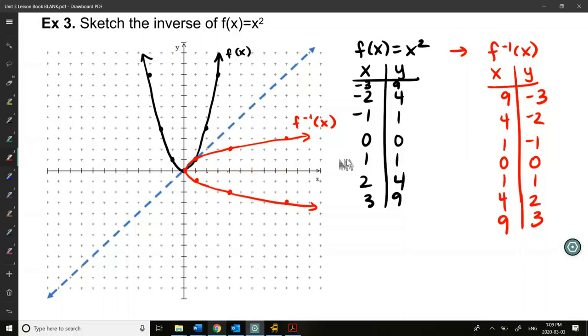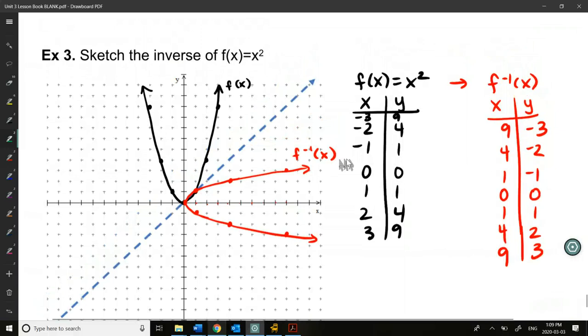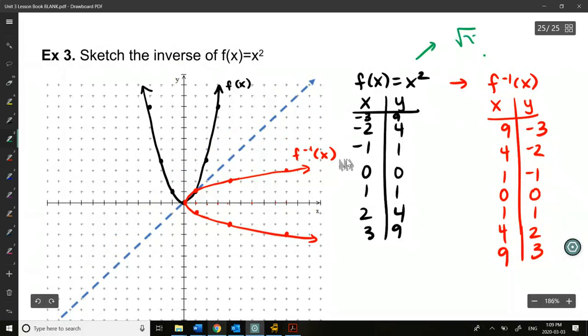Yeah. Also, guys, I just want you to notice, what's the opposite of squaring something? Square rooting something. But we did talk about if I'm undoing a squared, what do I have to do to the square root? I have to do plus minus. So the inverse function is actually plus minus the square root of x. What do you guys notice about just the upper half of this?